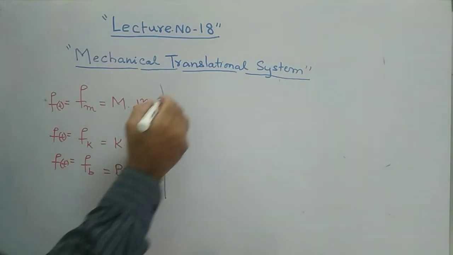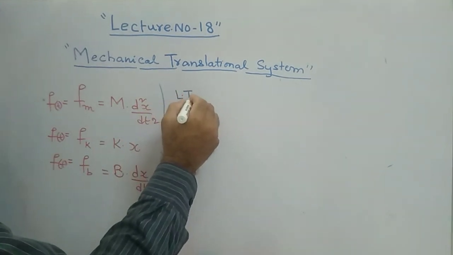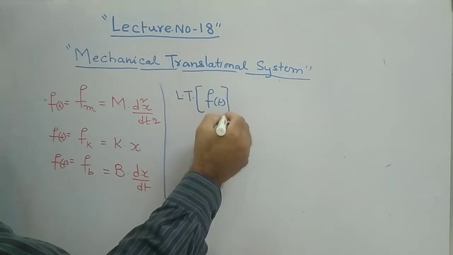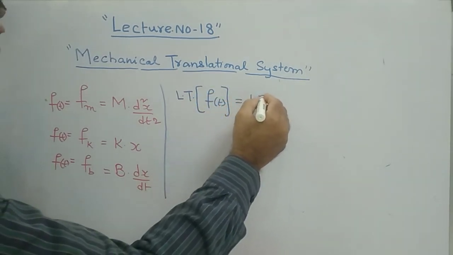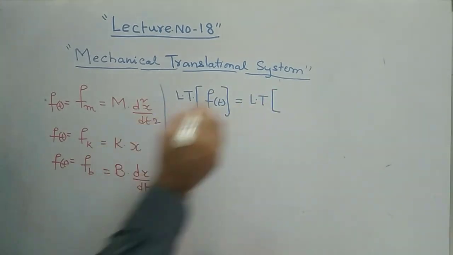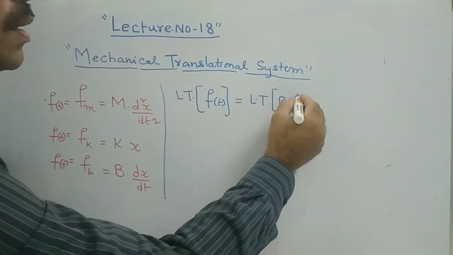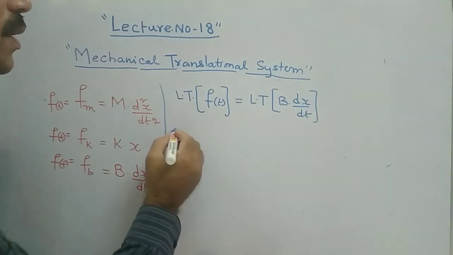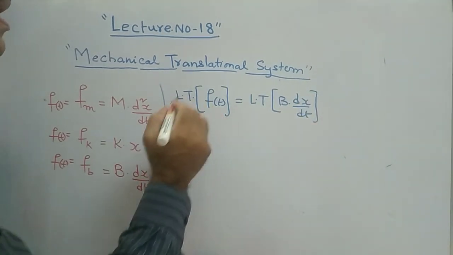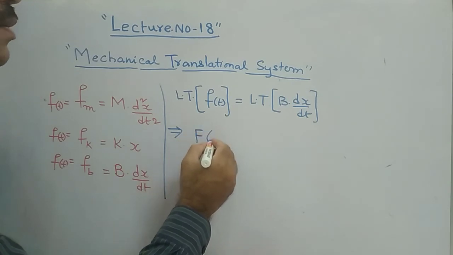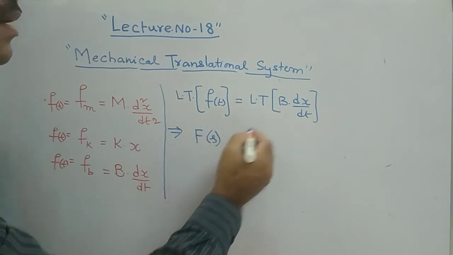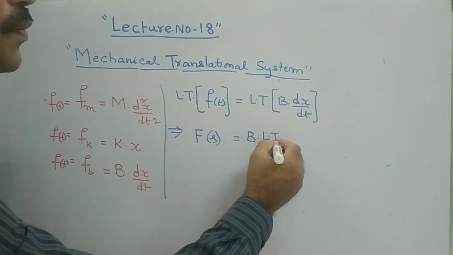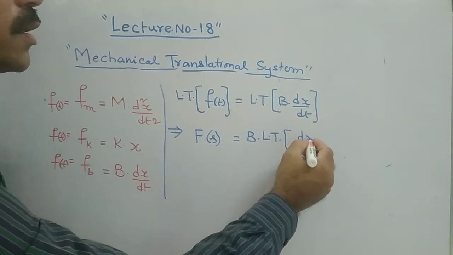For this, if I apply the Laplace transformation of f of t, this is equal to Laplace transformation of b into dx by dt. This implies L of t of f of t becomes your f of s. Clear? Then here b is the constant. Take outside your b. Then L of t of dx by dt.